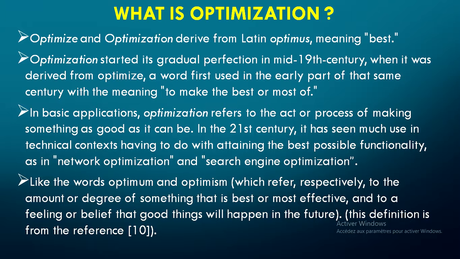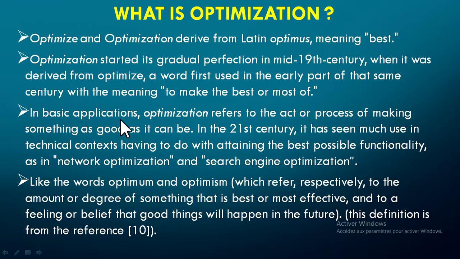So what is optimization? Optimize and optimization derive from Latin optimus, meaning best. Optimization starts its gradual perfection in the middle of the 19th century, when it was derived from optimize, a word first used in the early part of that same century with the meaning to make the best or most of.